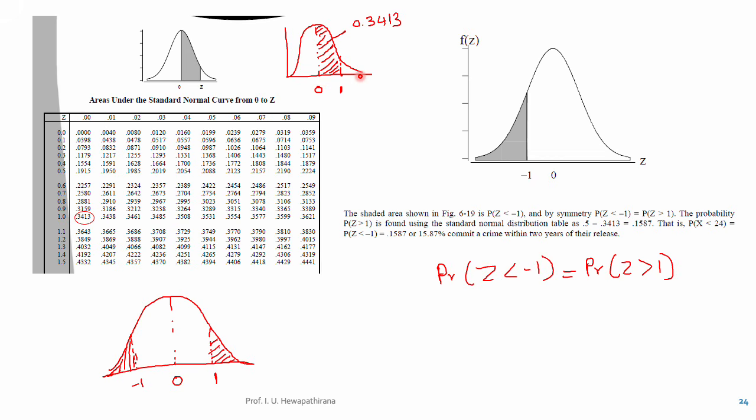So this whole area is 0.5. So to get this small part, what we do is, this would be equal to 0.5 minus 0.3413, which is equal to 0.1587.